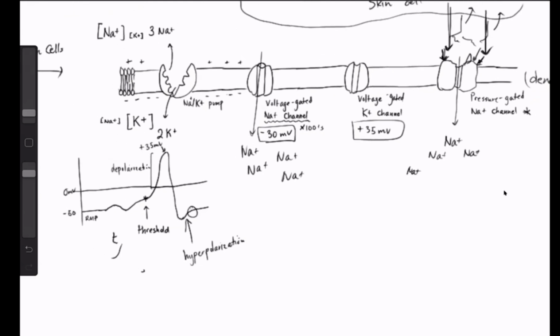So what we've looked at is what we call a single action potential. A single action potential that allowed us to understand how the initial sodium influx began with that pressure-gated channel, and then how the slow rise in the sodium concentration made the cell positive to the degree that voltage-gated sodium channels all opened and allowed a lot of sodium to come in, causing a depolarization.